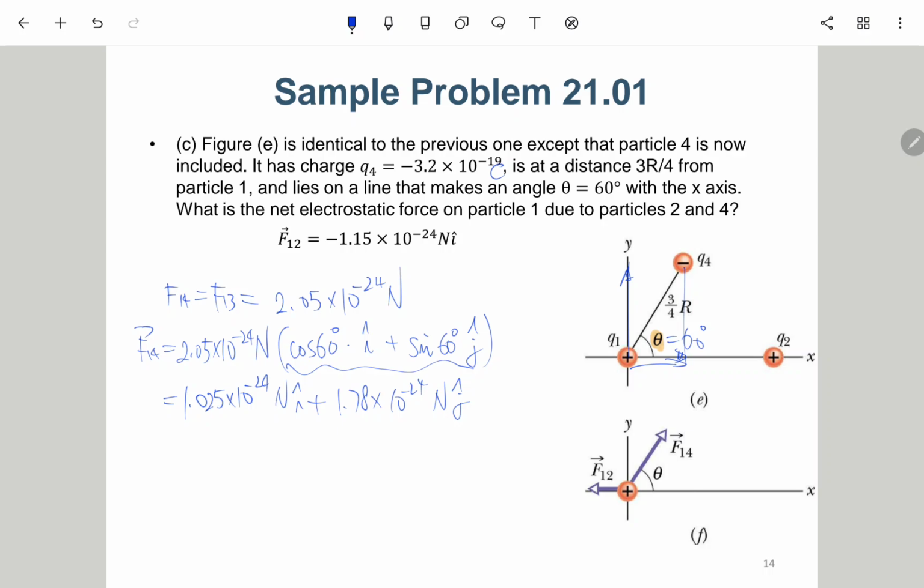And finally, we need to find the net force acting on particle 1. Which means F1 net here is F12 plus F14. So finally it will become negative 1.25 times 10 to the negative 25 Newton i hat plus 1.78 times 10 to the negative 24 Newton j hat.